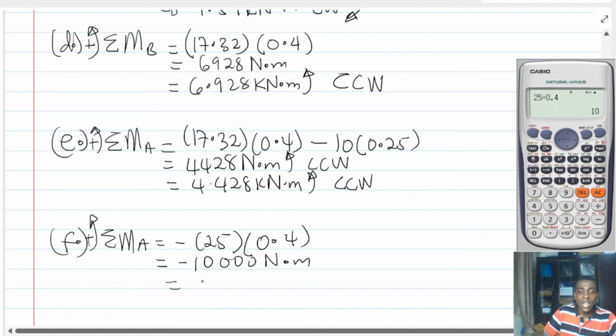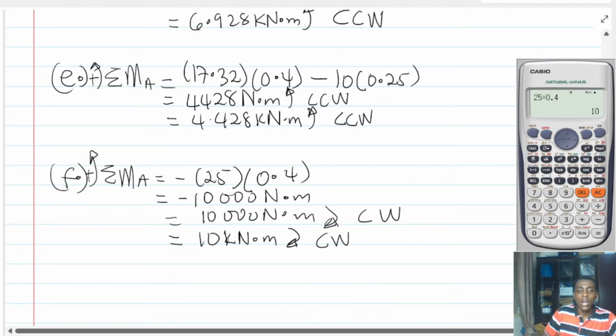In other words, the answer is 10,000 Newton meter clockwise. And in terms of kilonewton, this is 10 kilonewton meter. The direction is clockwise. I hope this is clear.